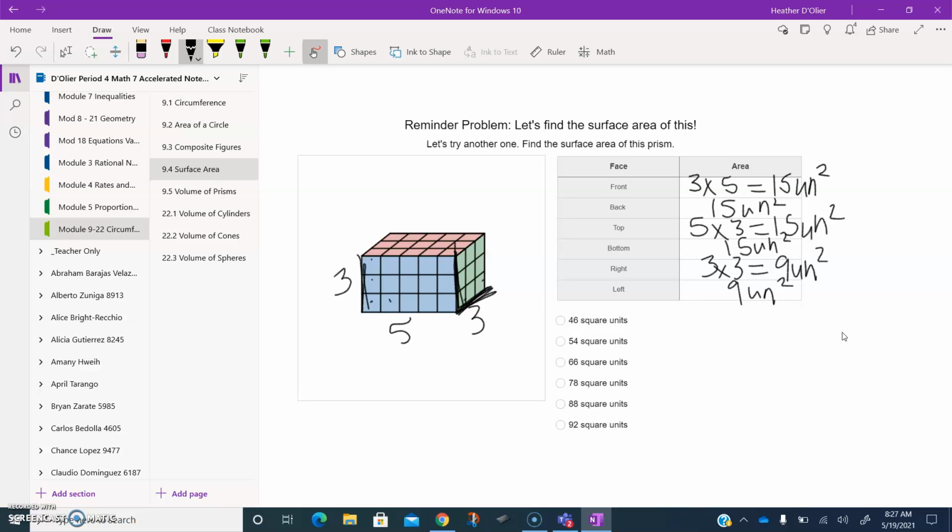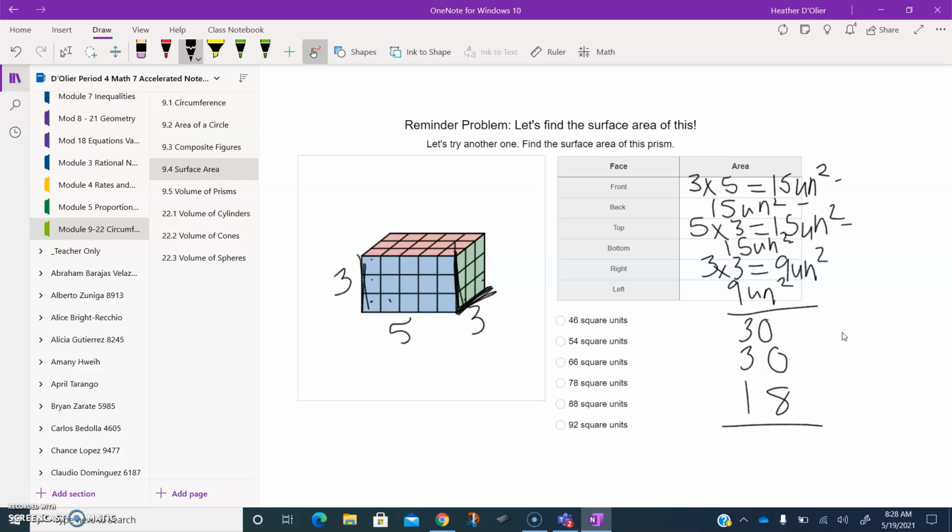But then I have to combine it all, right? I'm kind of doing this in my head. I know that 15 plus 15 is 30, and 15 plus 15 is another 30. So 30 plus 30 plus, what's 9 plus 9? 18. That's just a little easier for me to manage.